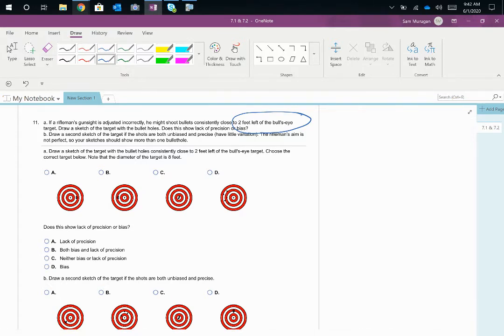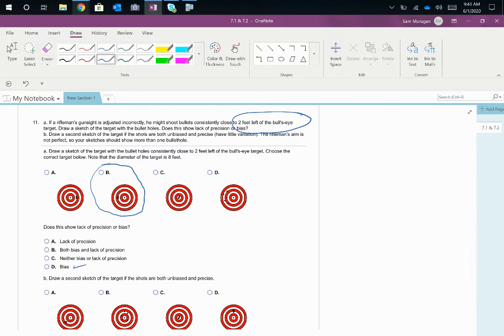Draw a sketch of the target with the bullet holes. So if he's shooting mostly to the left consistently, this would be what we're looking at. And this shows a lack of bias. He's consistently shooting to the left because the sight is incorrectly adjusted. So all of the bullets are grouped to the left of the bullseye.